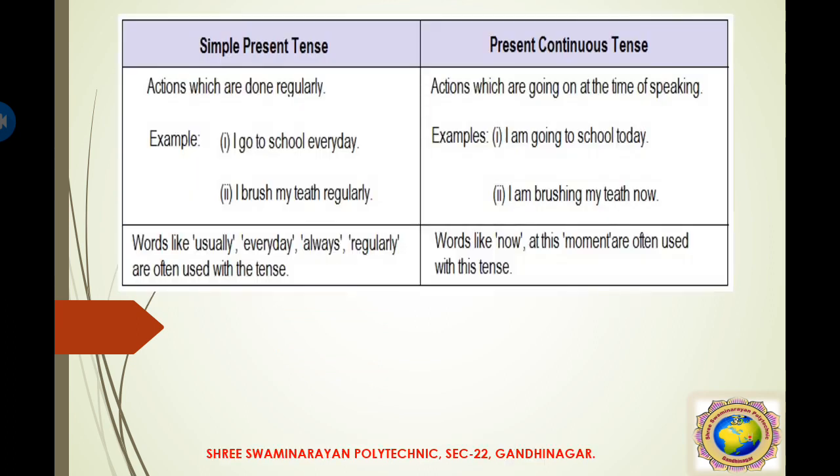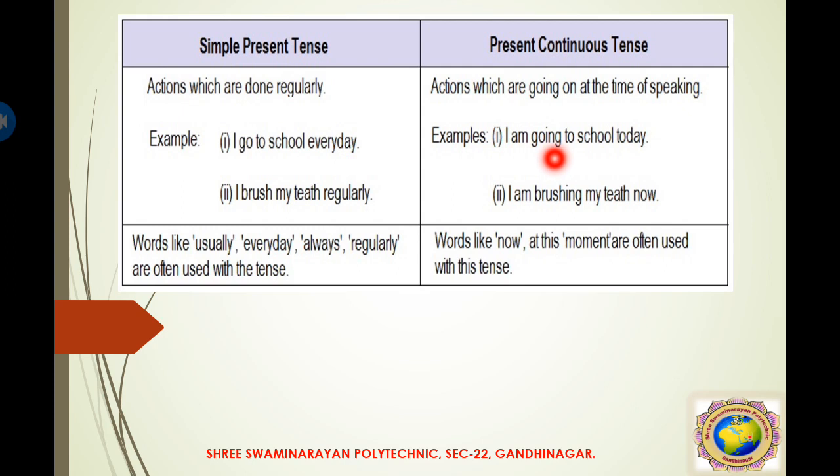So what is the difference? We learn two tenses of present. The first one is simple present tense and the other is present continuous tense. What is the difference? In simple present tense, the action is done regularly, and in present continuous tense, the actions are going on at the time of speaking. Okay. Example: I go to school every day.